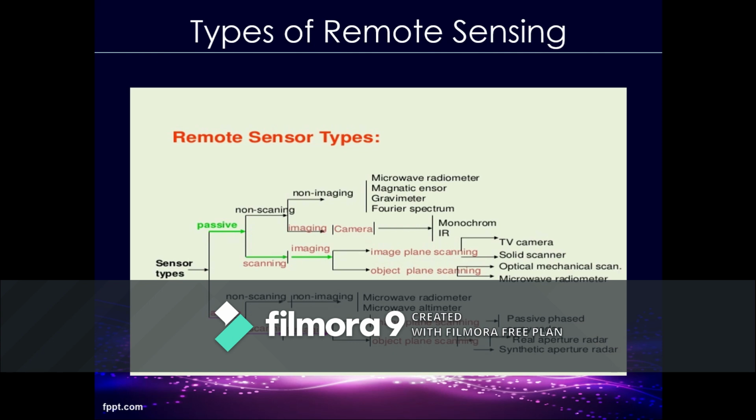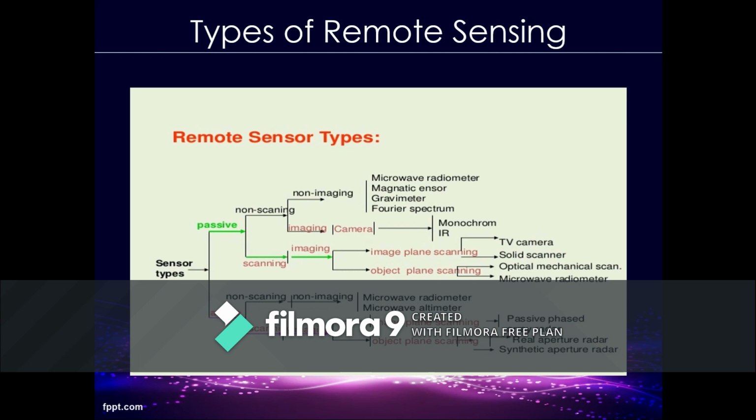Now, what are the different types of remote sensing or remote sensors? Remote sensing is mainly of two types. The first one is active remote sensing or the active remote sensor, and the passive remote sensing or the passive remote sensor. What is active and what is passive?